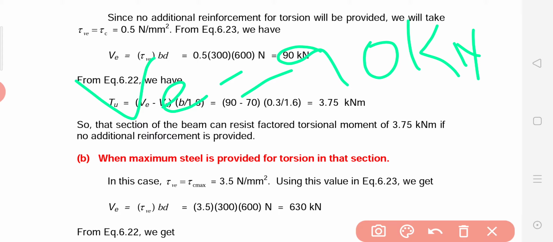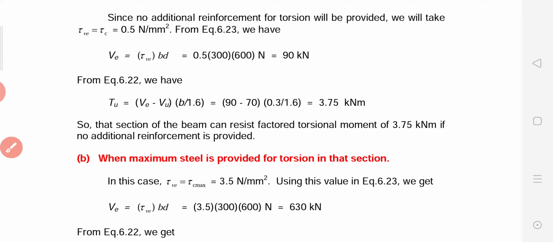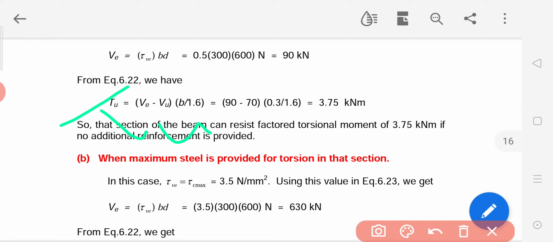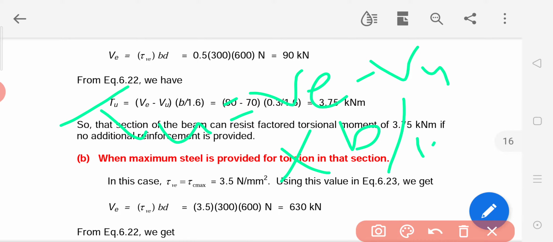Now next we find the value of Tu, the ultimate torsion moment. The formula is Tu equal to (Ve minus Vu) into b upon 1.6.